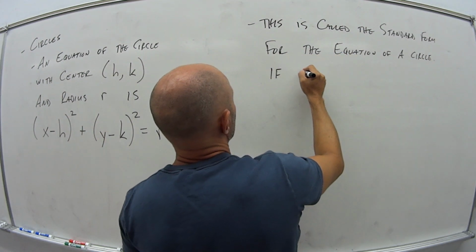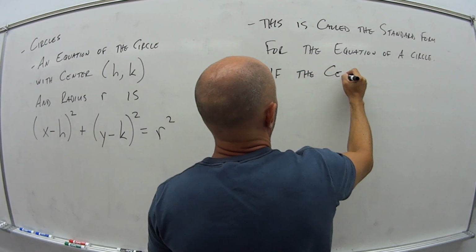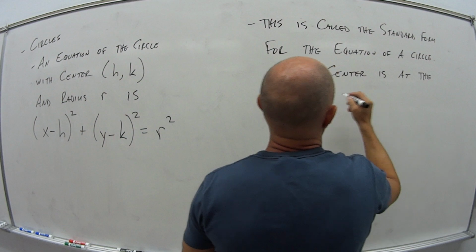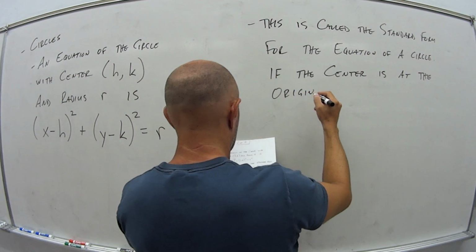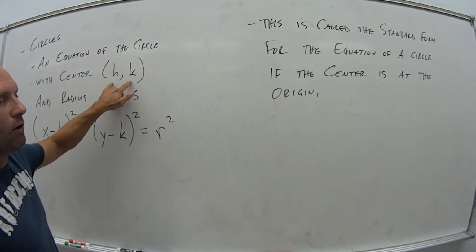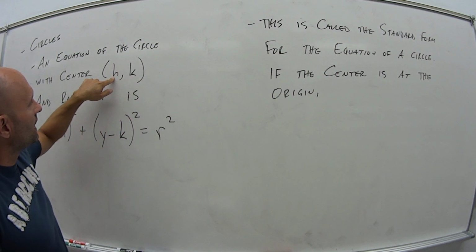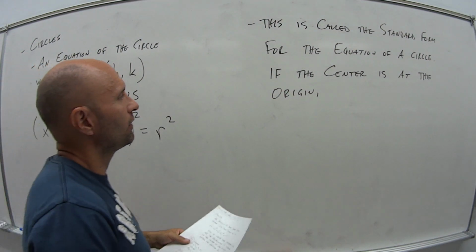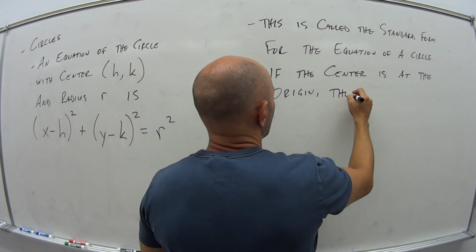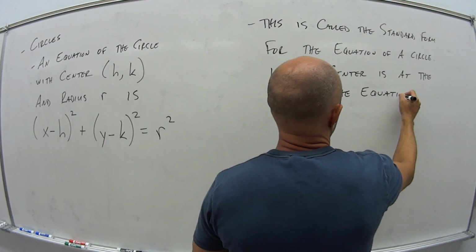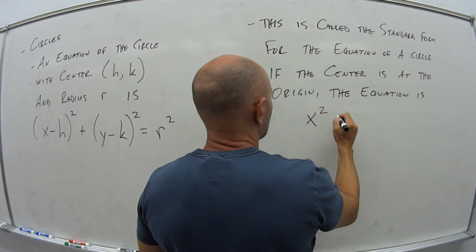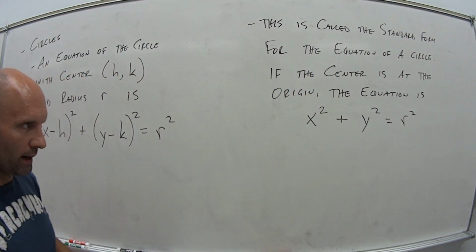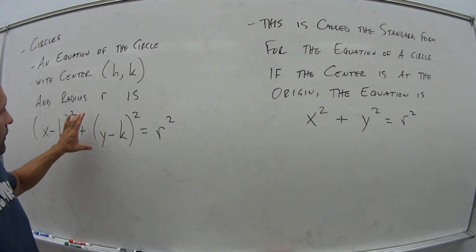And if the center is at the origin, that's (0, 0). That means h is 0 and k is 0. So this piece is gone, that piece is gone. So if the center is at the origin, the equation is simply x squared plus y squared equals the radius squared. So this is our standard form.